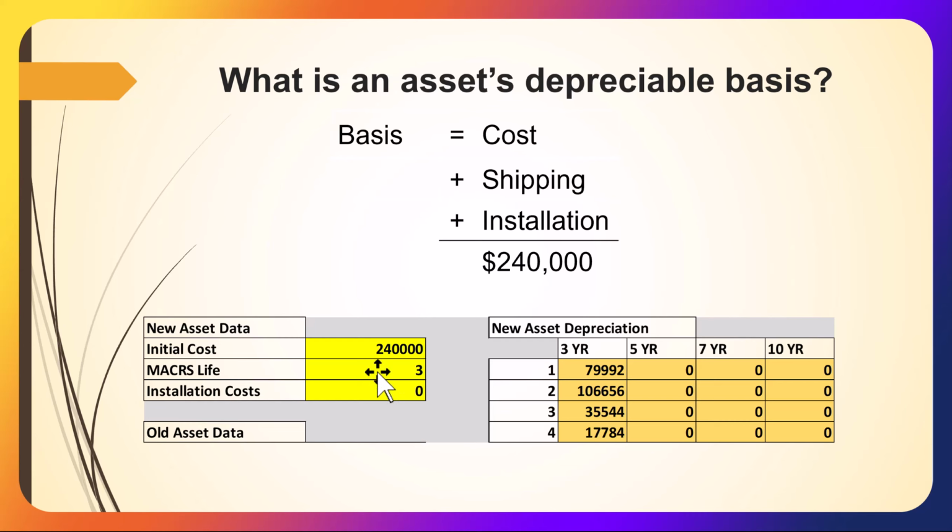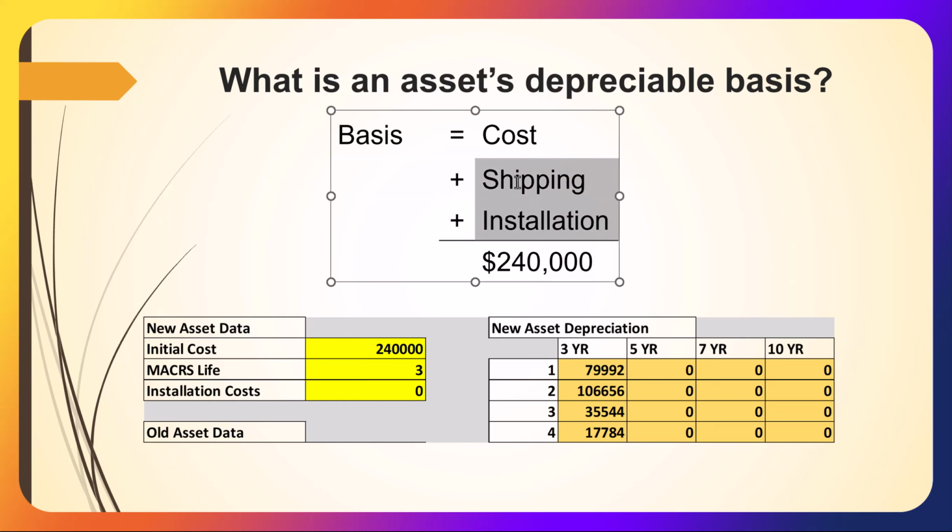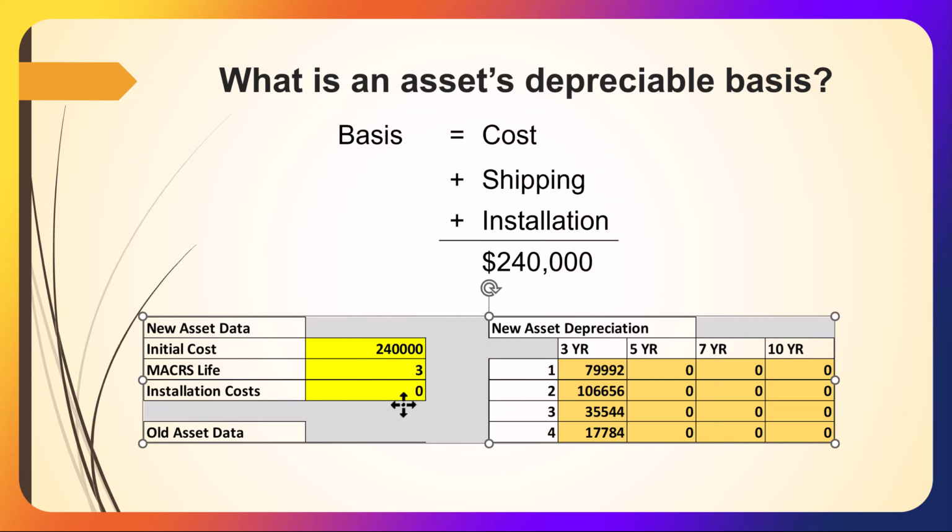Well, in this case, we just put it all up in here. But really, the cost here should have been the cost plus installation or plus shipping. Then we would include installation. But again, we have the total value. And as you can see, MACRS calculates for us the 4 years of depreciation for this asset that we buy.